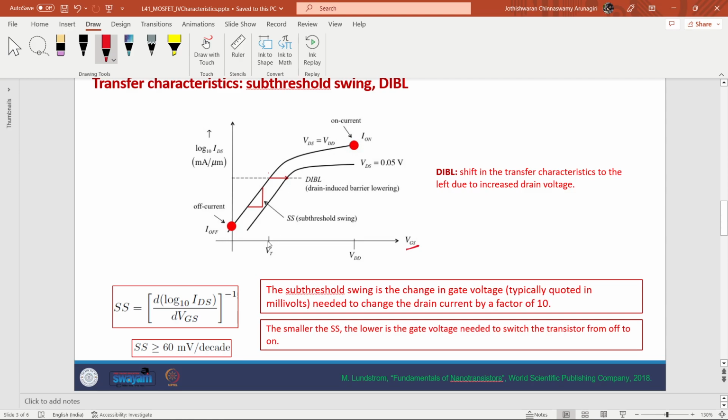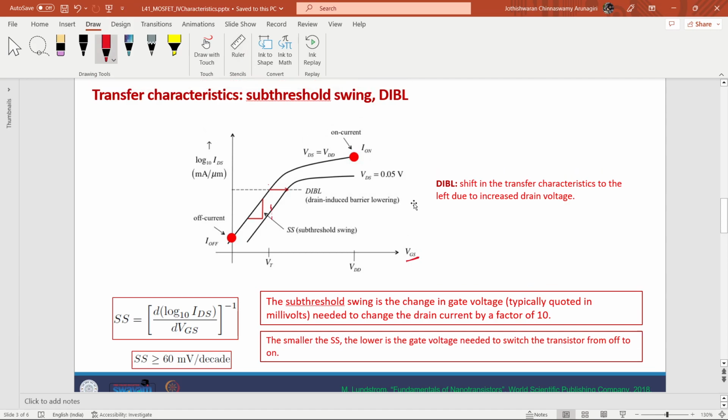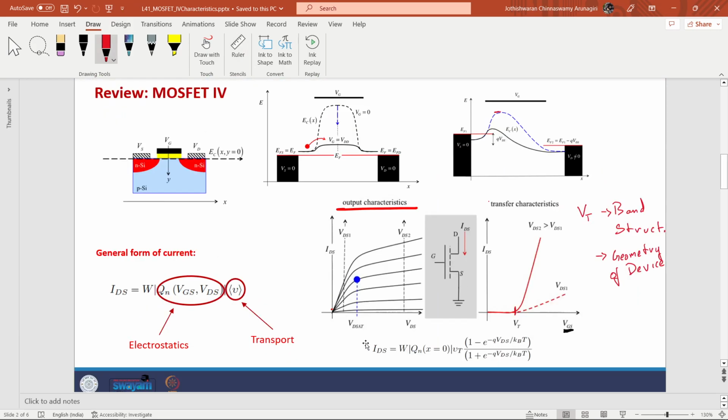So you can see that at the same VT, the ideal behavior that we wanted to see is this: up until VT, irrespective of VDS, the current variation will be roughly the same. The variation in the current becomes apparent only after the threshold voltage.